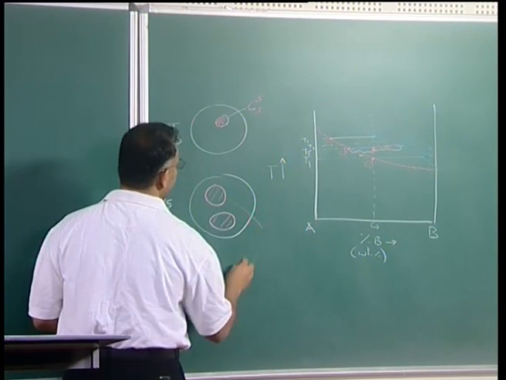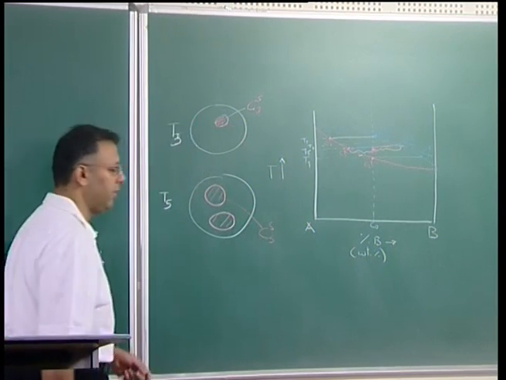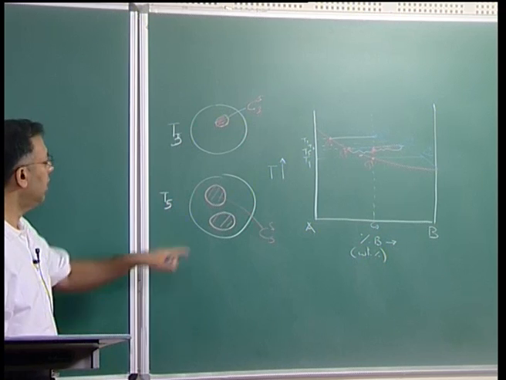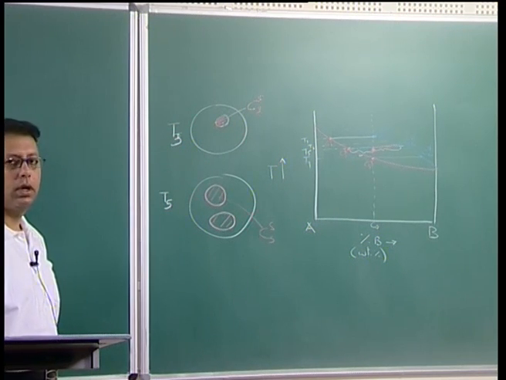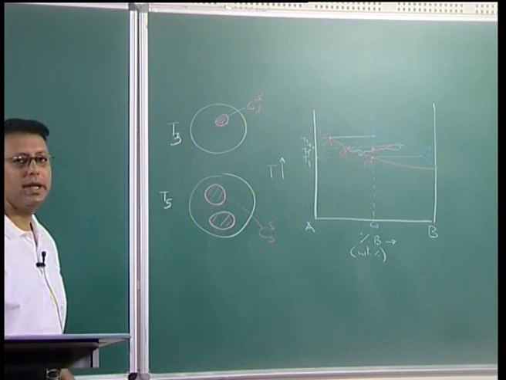So this is my composition of the solid at temperature 5. So, from T3 to T5 my amount of solid is increased, not only has my amount of solid increased, but also the composition of the solid is changing.